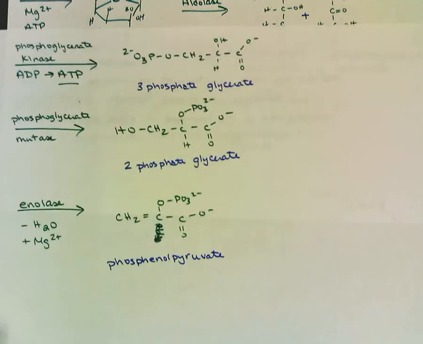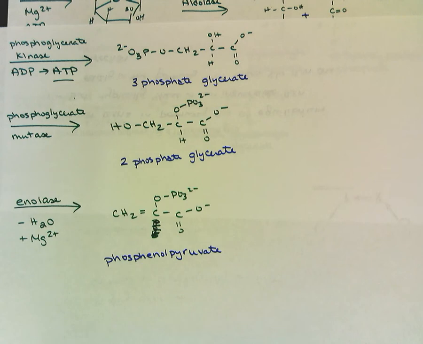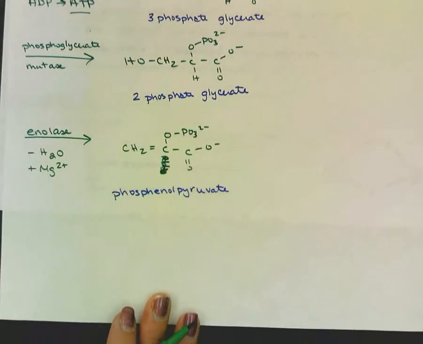So that's now phosphoenolpyruvate, which means we are one step from the end because our final product needs to be pyruvate.